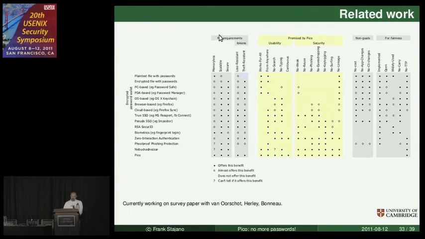And there's columns that represent benefits that a password replacement system might offer. And they are clustered in chunks: minimum requirements, things that are promised by Pico, things that are non-goals for Pico, and other things that I consider for fairness. For example, the fact that most of these other things I look at have been implemented and Pico hasn't been implemented, so it's easier for Pico to have lots of dots here.